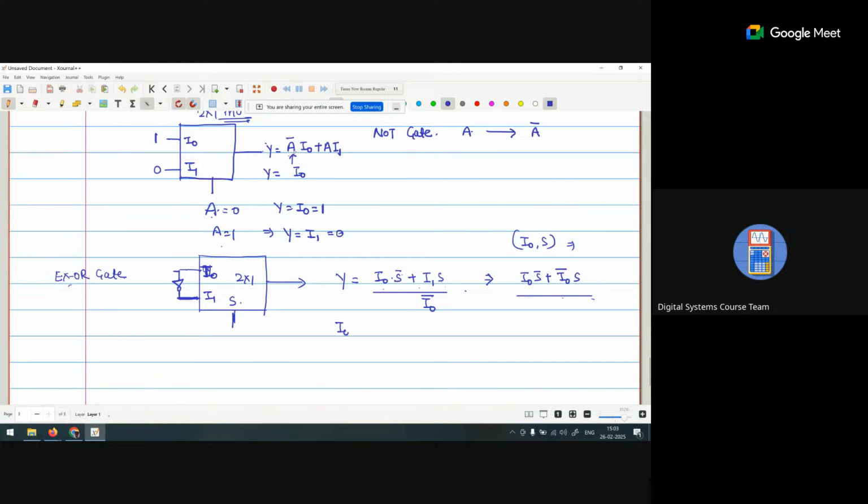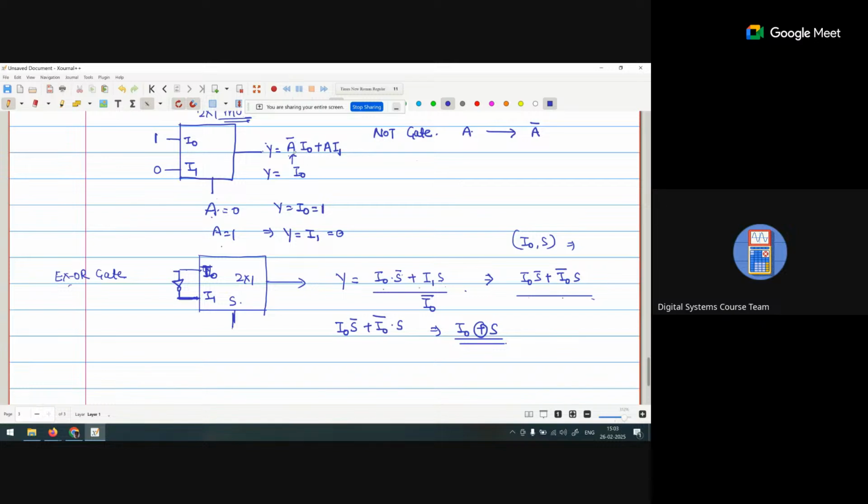I naught is selected when S is 0, so S bar, plus I naught bar is selected when S is 1, and that is nothing but I naught XOR S. So this is the expression of XOR gate.